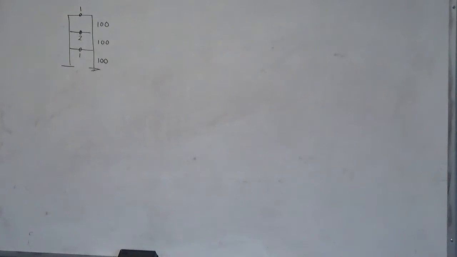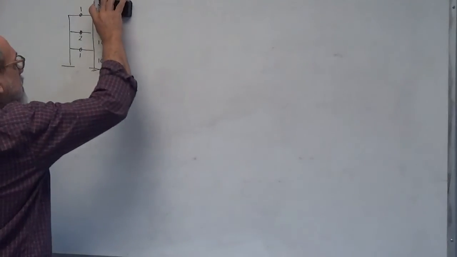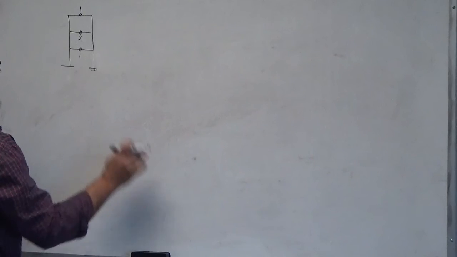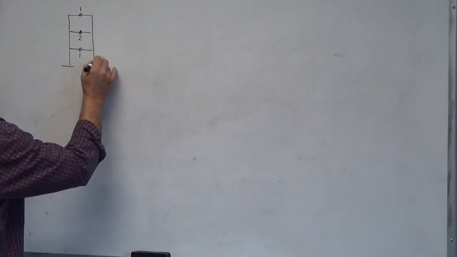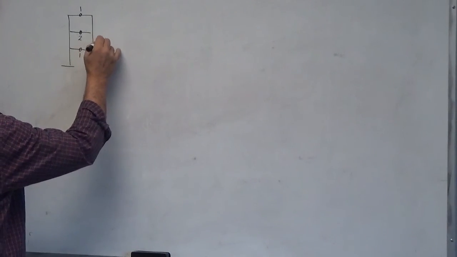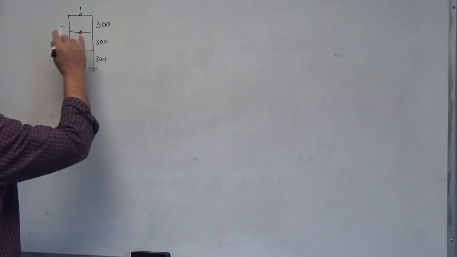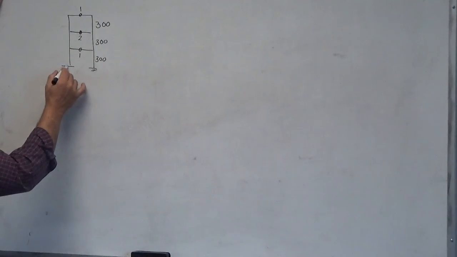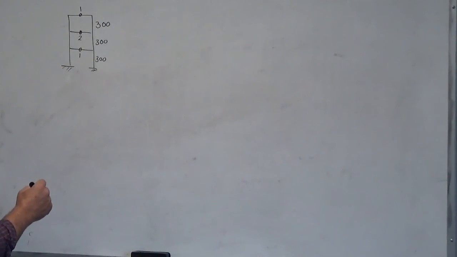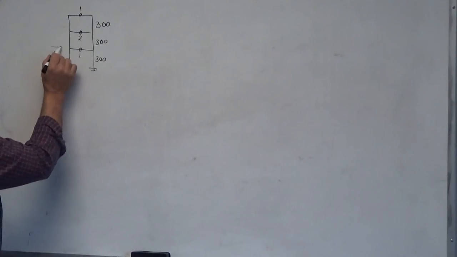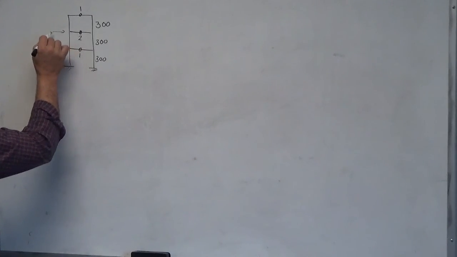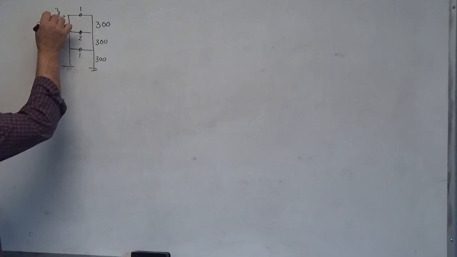No, let's not make the stiffness 100, it's going to be a little too low. Let's say the interstory stiffness is 300. So this is the building. This is degree of freedom 1, this is degree of freedom 2, and this is degree of freedom 3.